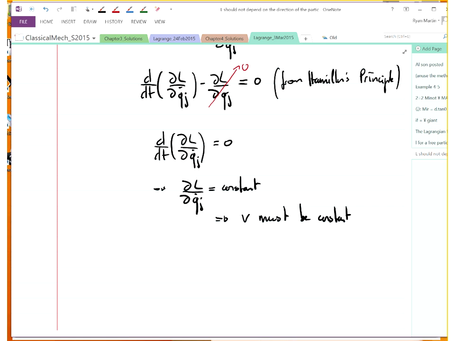But it still doesn't tell us what L looks like. But we know that L must depend only on v squared. And now we've established that ∂L/∂Q̇_j is a constant. That means that v can't be changing, because otherwise ∂L/∂Q̇_j would not be a constant. So I'm going to be super specific and say it's constant in time. Alright, but we've done nothing, right?